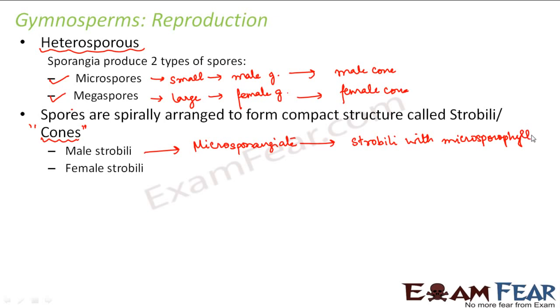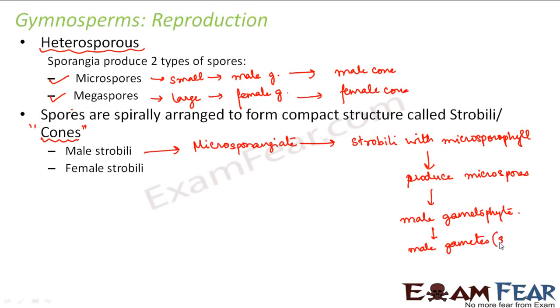So here also the male strobili will have the microsporophylls. Now this will then produce the microspores. These microspores will develop into the male gametophyte. And this male gametophyte will then produce the male gametes, which are also referred to as sperm. So this is how the male gametes are produced.